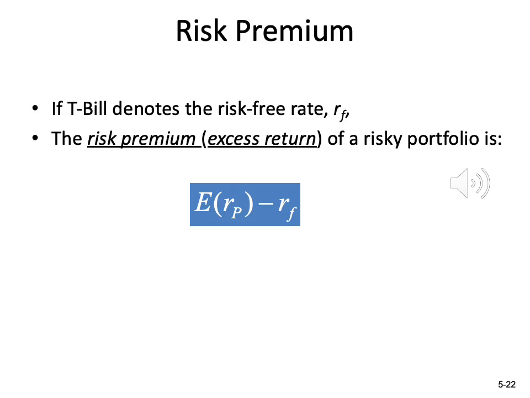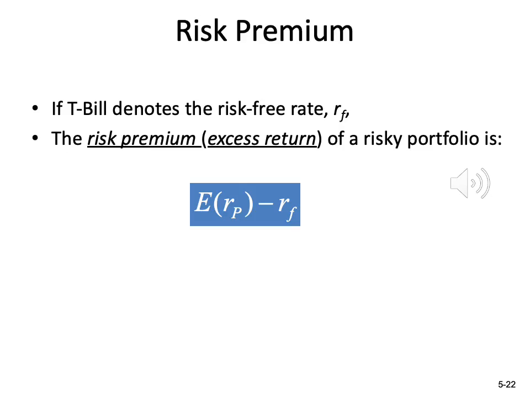If I tell you the T-bill return or the risk-free rate is 2%, then you calculate the risk premium, which is 10% minus 2%, 8%. You know, compared to the risk-free return, you are getting 8% extra for holding a riskier portfolio than the risk-free asset. So this is a reasonably good portfolio.